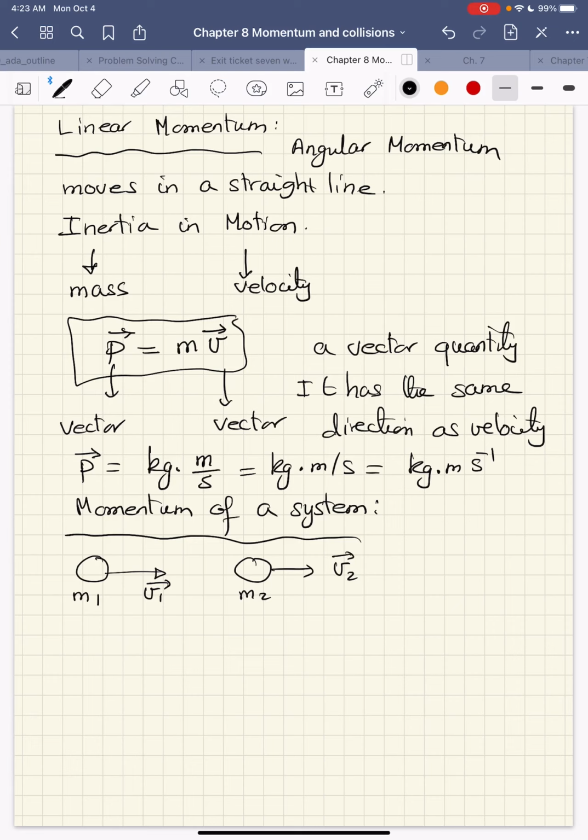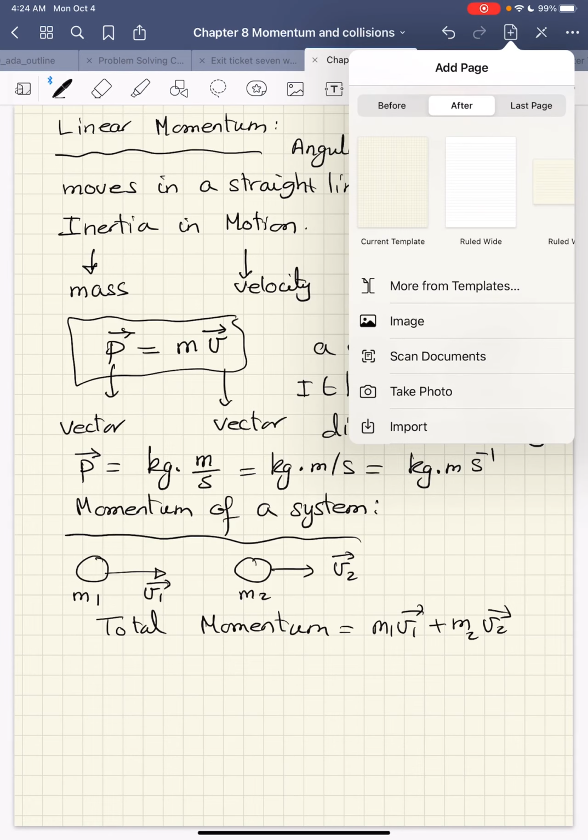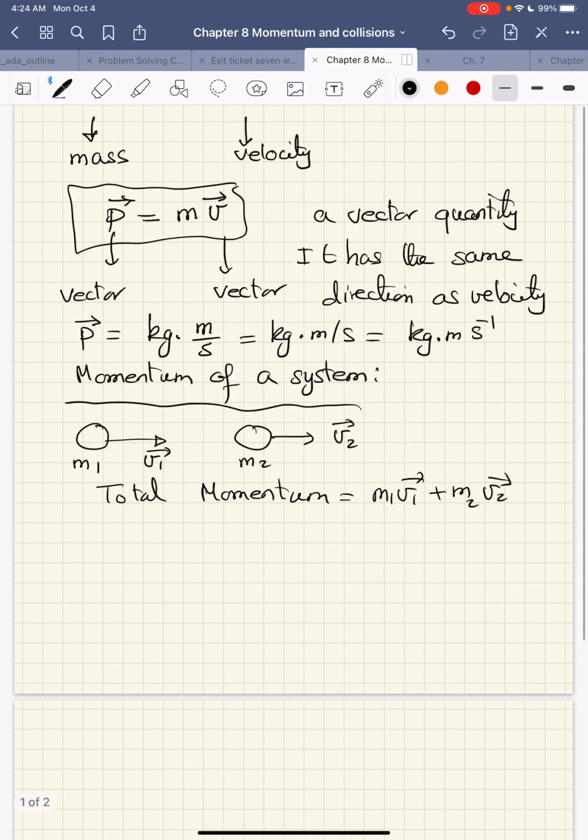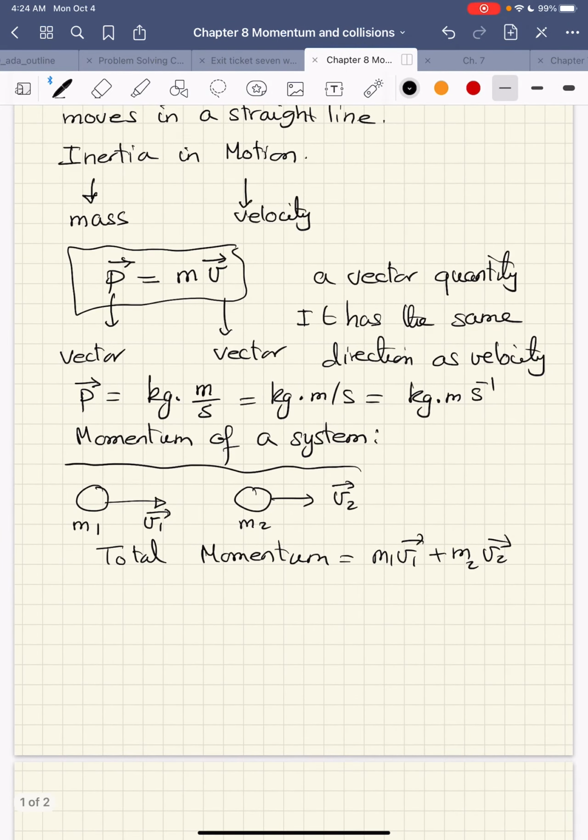I can calculate the total momentum as m1 v1 plus m2 v2. Of course, we can generalize to as many particles as we have.